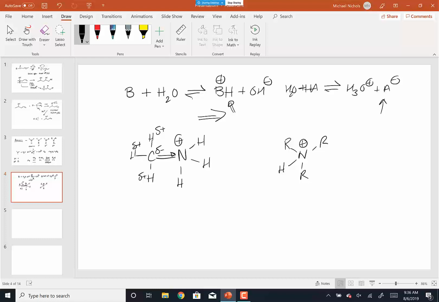What do you think the other factor is that can go into stabilizing the BH+? What does it have to do with? Solubility or the solvent stabilizing the plus charge? Solvation.